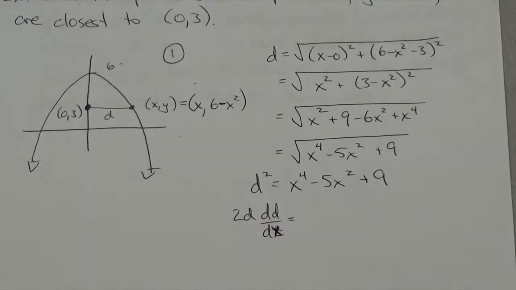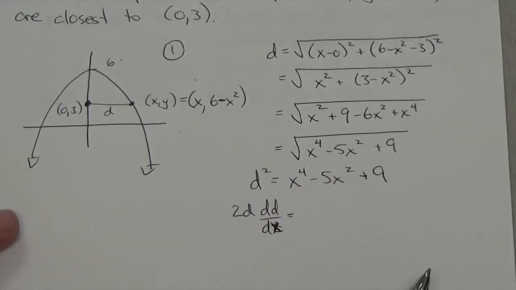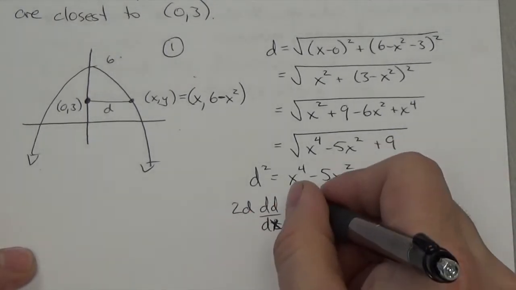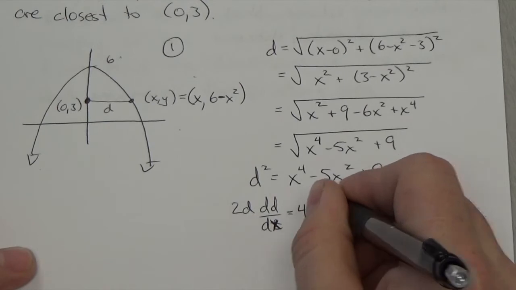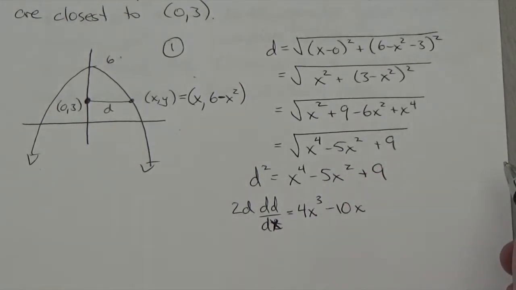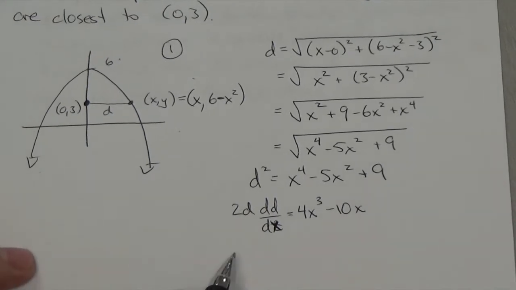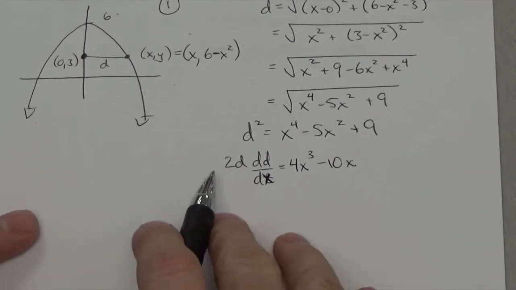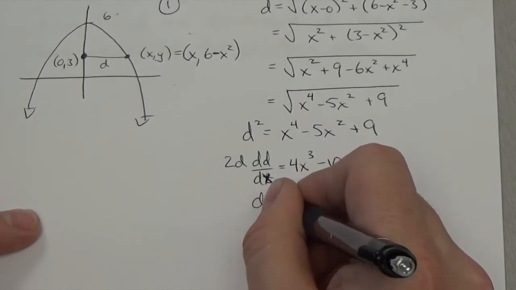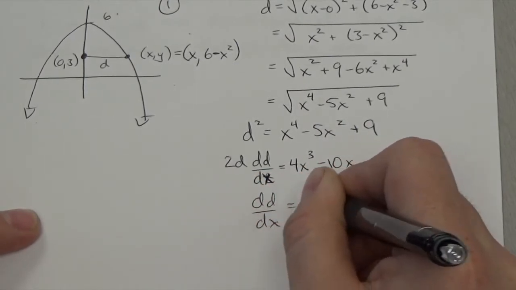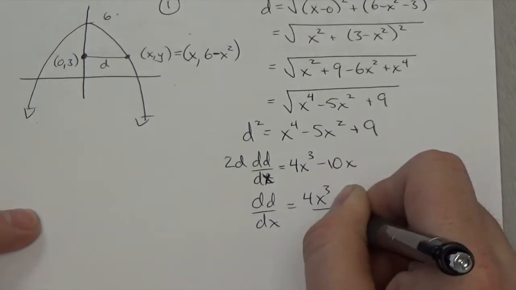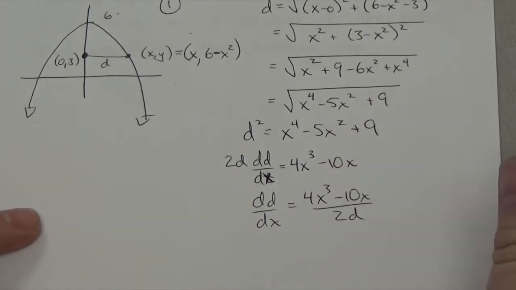I do so many related rate problems, sometimes I forget this is not a related rate, we're maximizing and minimizing this. And on the right hand side, this will become 4x cubed minus 10x, and then the derivative of 9 is just going to be 0 there. Okay, so now when I solve for this derivative here, I get dd by dx is going to equal 4x cubed minus 10x over 2d.